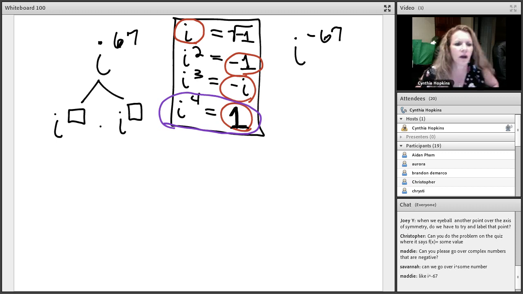I want to think of the biggest number that's less than or equal to 67 that is a multiple of 4. If you're not sure, then you start with something that you do know. I think you know that 60 is a multiple of 4. That means if I go up by 4, 64 is a multiple of 4. If I go up one more, I'll be at 68. That's too big. So I'm going to put 64 right here in this first box. Because 64 is a multiple of 4, I can just cross this out.